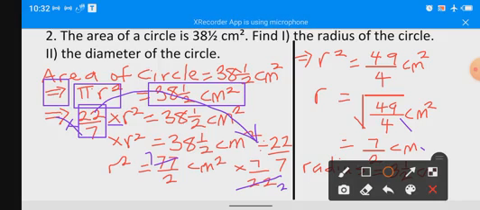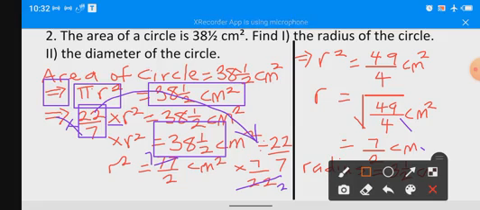Now the next thing, we'll carry out the division of fraction. How do we divide fraction? The first thing here, there is a mixed number. When you want to multiply a mixed number, what you do is change it to an improper fraction.